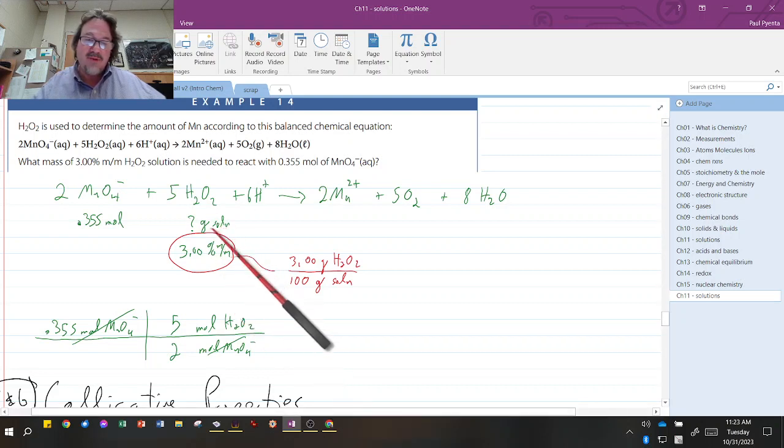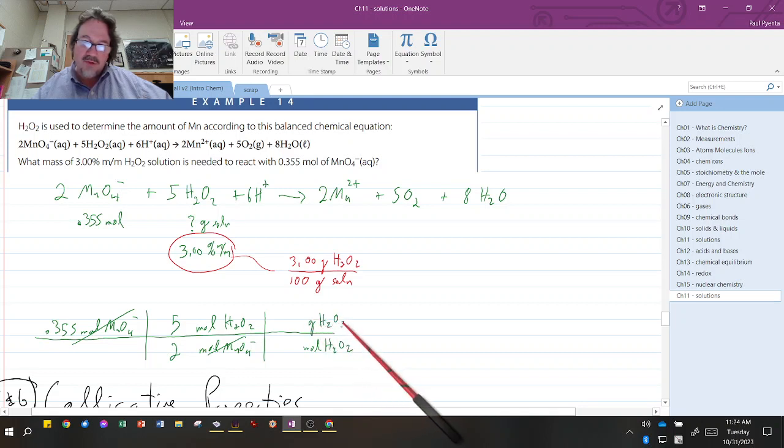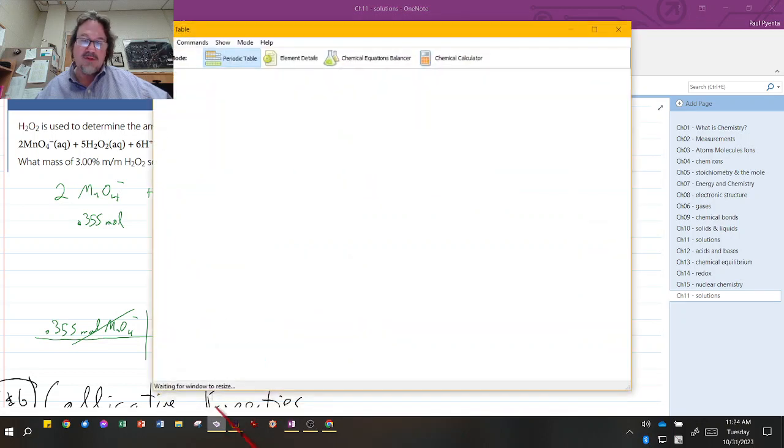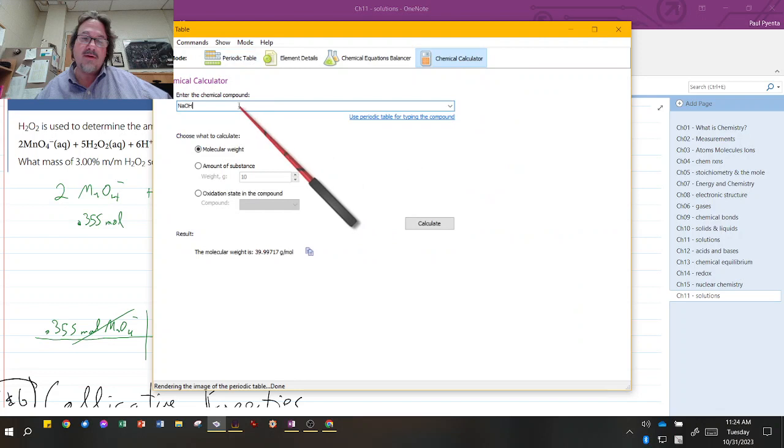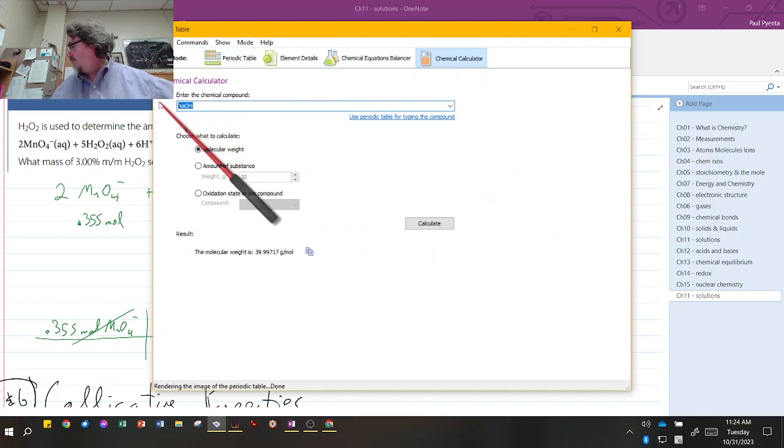They want grams, though, and they gave me this concentration in terms of grams of peroxide, so that's my next step. Convert from moles to grams. Moles of H2O2, grams of H2O2. And to do that, grams per mole, I'm going to have to look at the periodic table and get the numbers off there. 2 hydrogens and 2 oxygens. So you can add that up, or use a calculator, and that's what I'm going to do here.